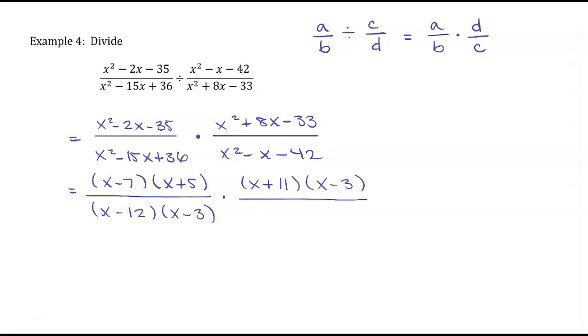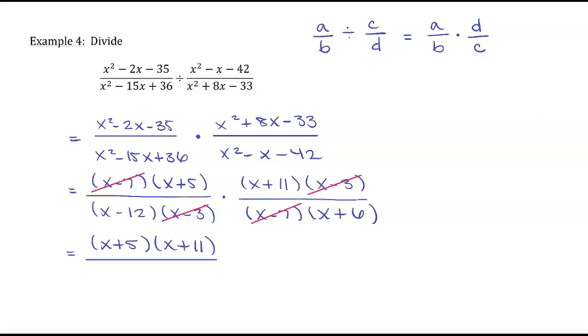And x squared minus x minus 42 can be factored as x minus 7 times x plus 6. Looking for common factors in the numerator and denominator, we can simplify x minus 7 and x minus 3. This leaves us with x plus 5 times x plus 11 in the numerator and x minus 12 times x plus 6 in the denominator.